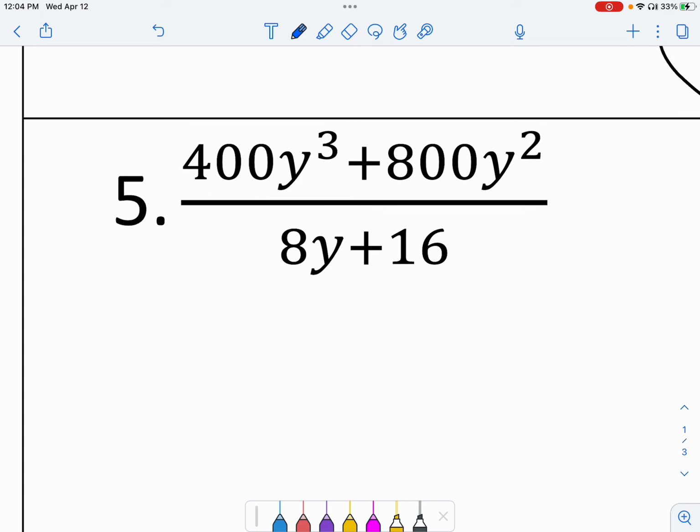Okay, so this one has a GCF of 400. 400 goes into both of them, and a y squared because they both have y's, but we picked the one that has the smaller exponent.